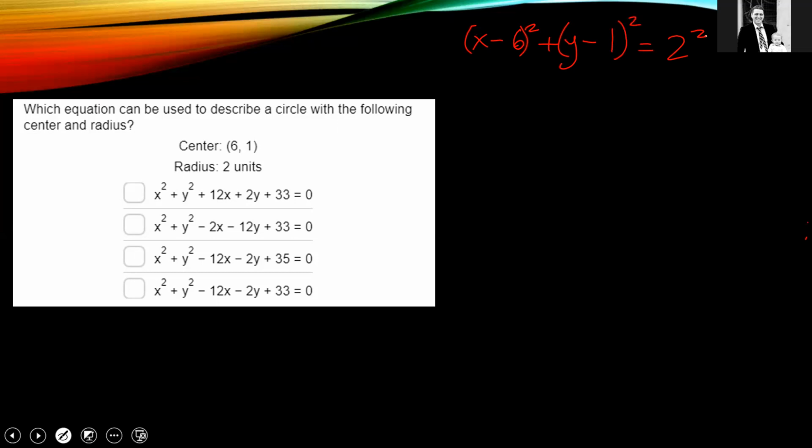So it turns out what they actually did was they actually squared these terms. Now, when you square something, you need to multiply x minus 6 times x minus 6. You'd have to do the same thing with y. Y minus 1 times y minus 1 equals our 2 squared value, which is 4.